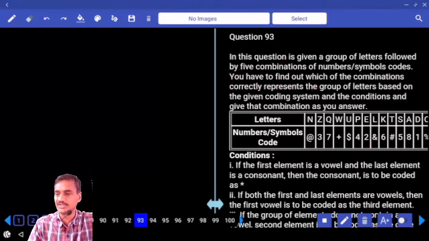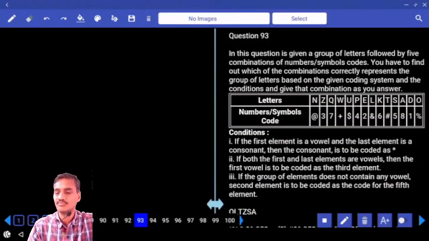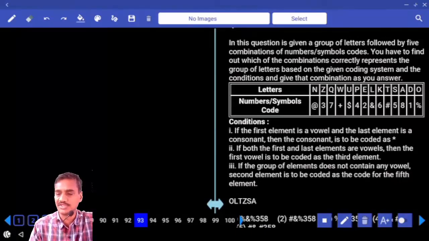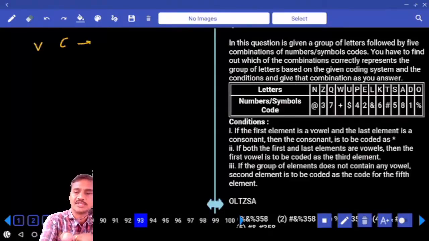Then in this 93, condition based. Now in all these 3 conditions, it is comparing from the first and the last itself. First is a vowel and the last element is a consonant. Vowel and consonant, then the consonant is coded as star. Consonant is star.